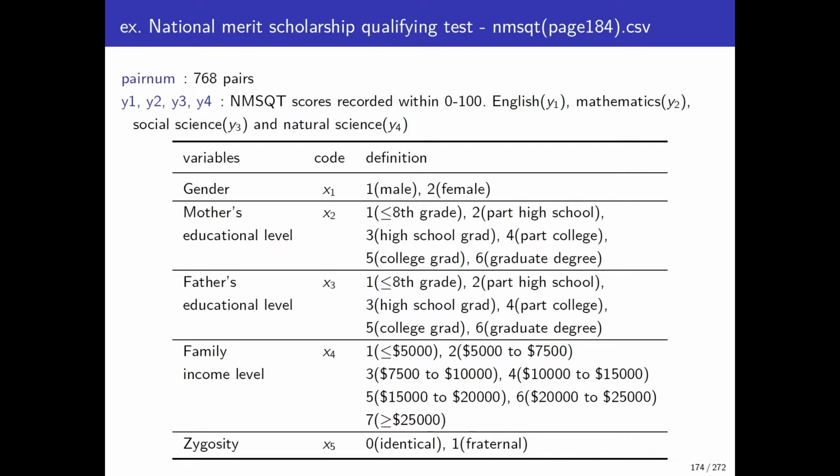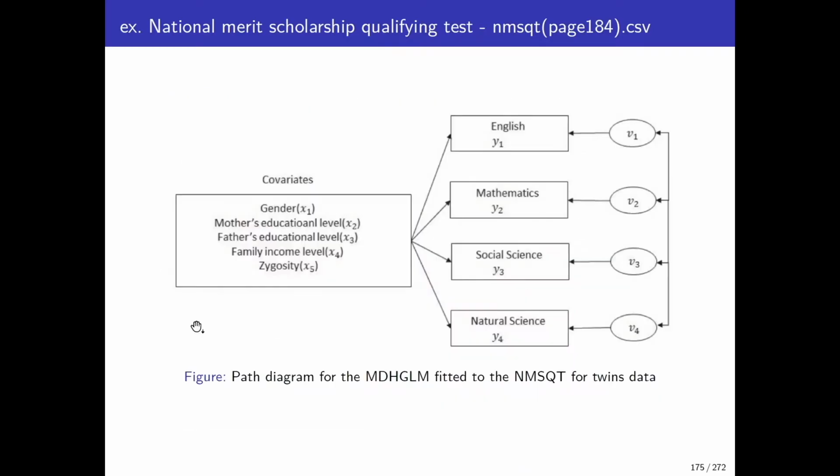At the same time, we have 5 different independent variables: X1 for gender, X2 for the mother's educational level, X3 father's educational level, X4 for family income level, and X5 for zygosity. This figure represents the path diagram for the MDHM fitted to the NMSQT twins data.